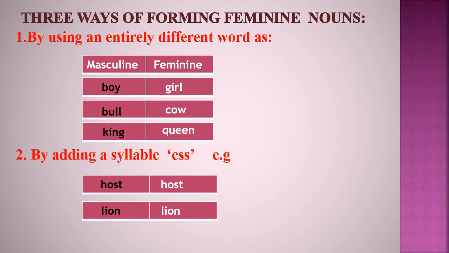Number two, by adding a syllable ess. We add ess with masculine to form its feminine. Host, we add ess to make its feminine hostess. Lion, we add ess and make it lioness.